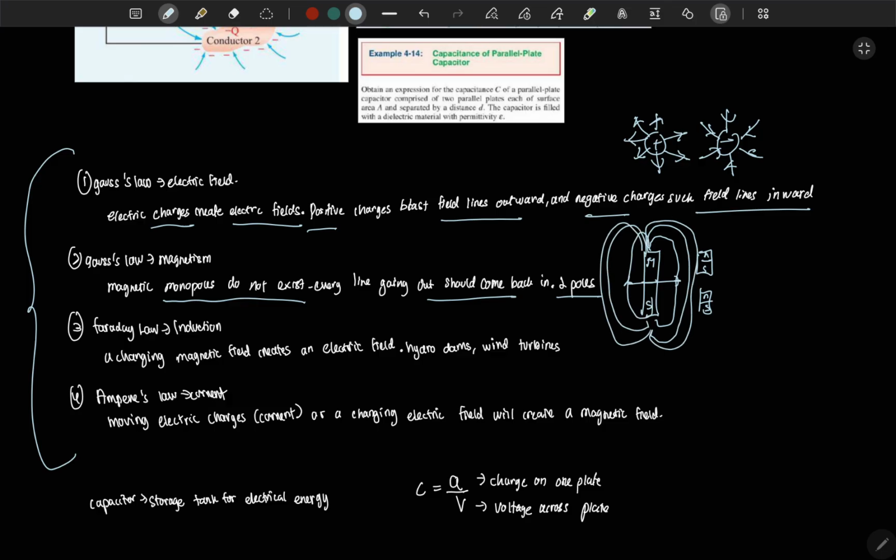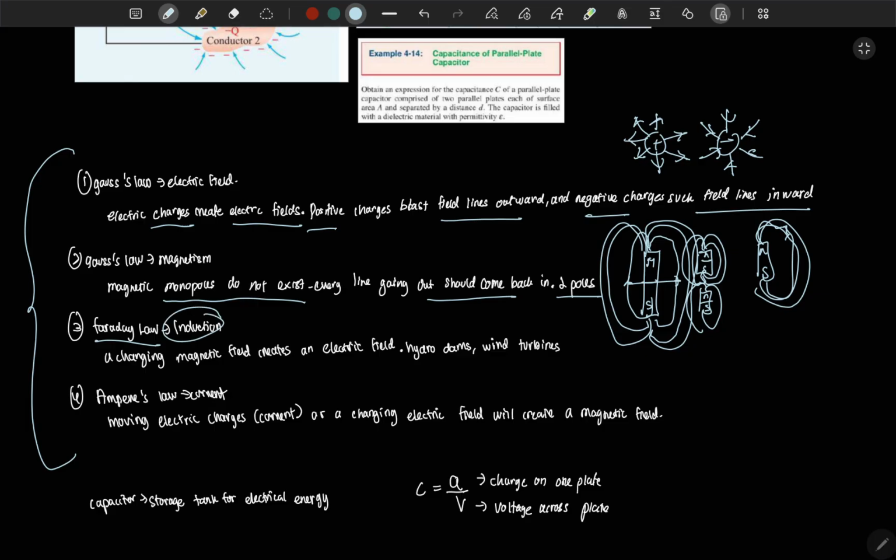It means that if you break this Kit Kat into 2, the lines don't end somewhere, they return back, so a monopole is not available.